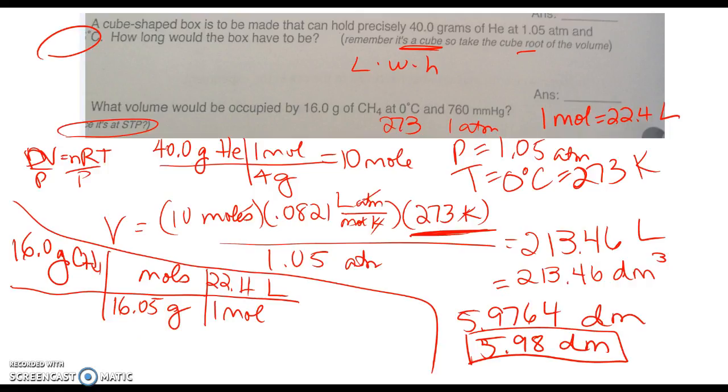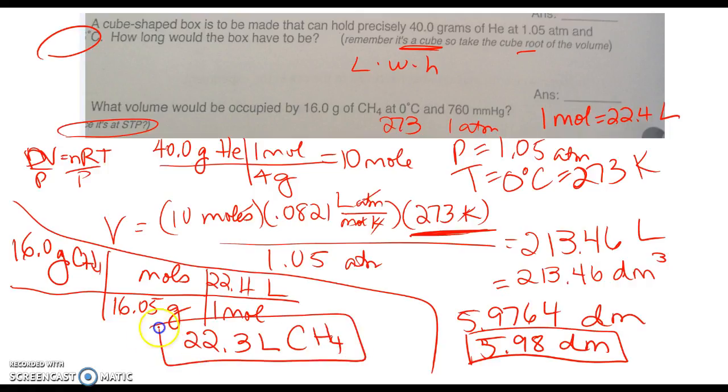So with 3 sig figs, it looks like 22.3 liters of CH4. Now, I can't read what this says here, but I think it says it's at STP, right? 0 degrees C and 1 atmosphere. We can simply use this conversion that we know.